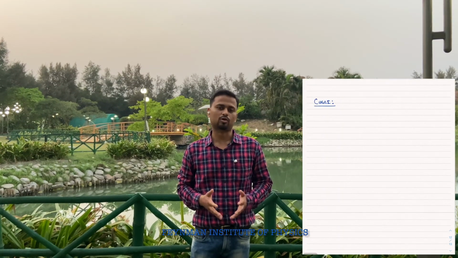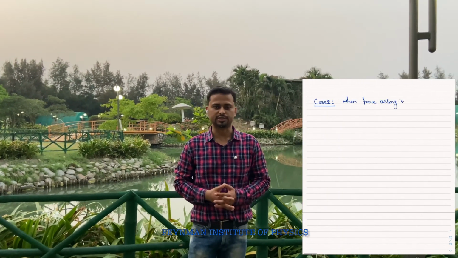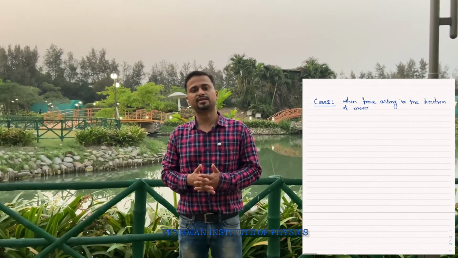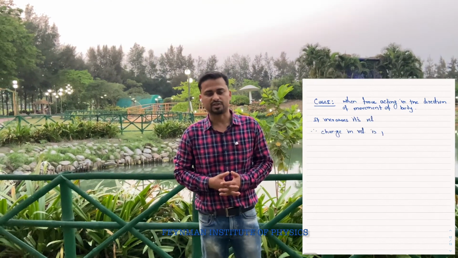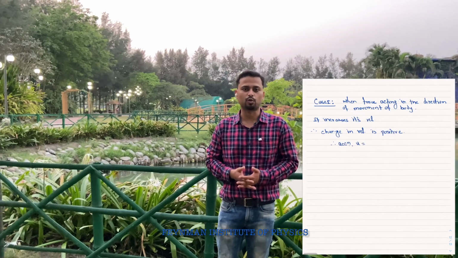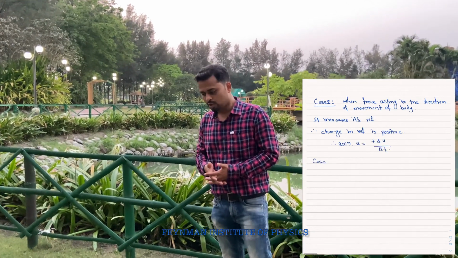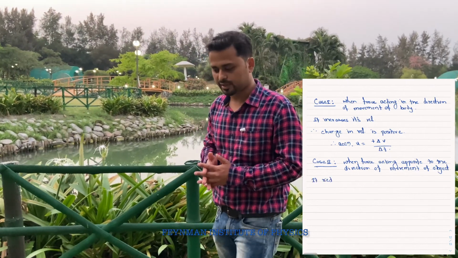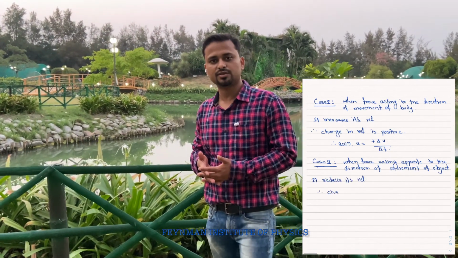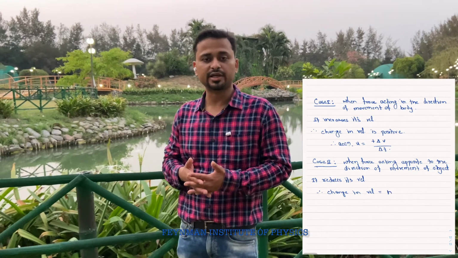Now, a force can act on the body in the same direction as, or opposite to, the direction of motion of the object. When the force is acting in the direction of the motion, the change in velocity will be positive. Therefore, there will be acceleration in its motion, because a is equal to positive change in velocity divided by time. But when the force is acting opposite to the direction of the motion, the change in velocity will be negative.